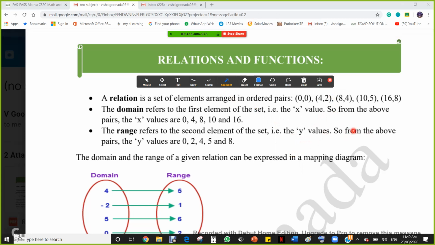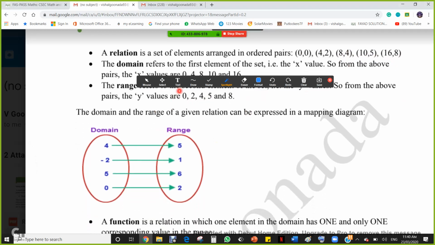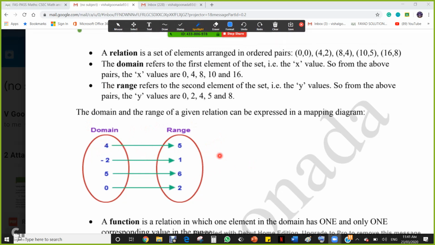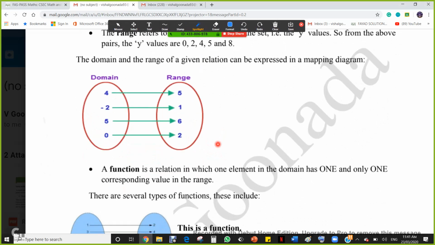So from the above table, we can see the y values are 0, 2, 4, 5, 8, as you can see here. So the domain and the range can be seen here. There is always some kind of relationship between the domain and the range. You'll learn about it just now, right?